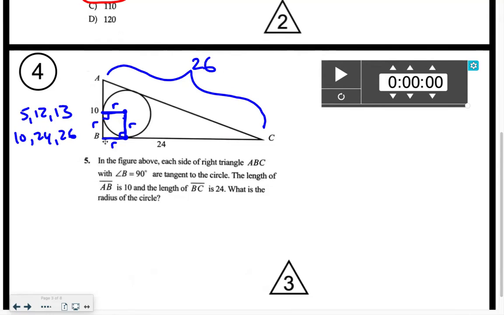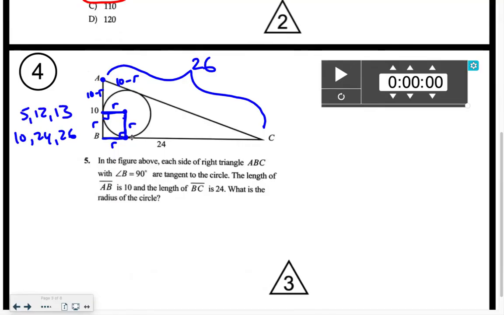And then what happens is any external point, so let's look at A. You can always draw two tangents going to the same circle, and those tangents are going to be congruent to each other. Well, if this whole side AB is 10, and this piece is R, this piece right here is 10 minus R, which means this piece over here is also 10 minus R, because from A to both points of tangency have to be congruent.